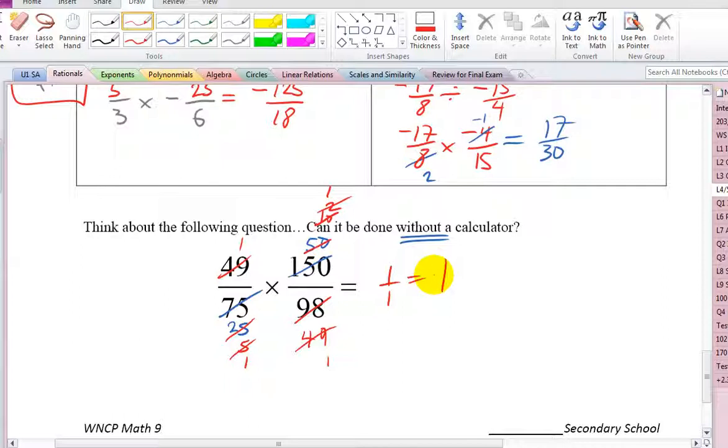Which one? 150. Divided by. When you had it into a 2, how do you divide it into a 1? Oh, the 2 and the 98. I divided both of them. Oh, okay. Okay, because they're both even.